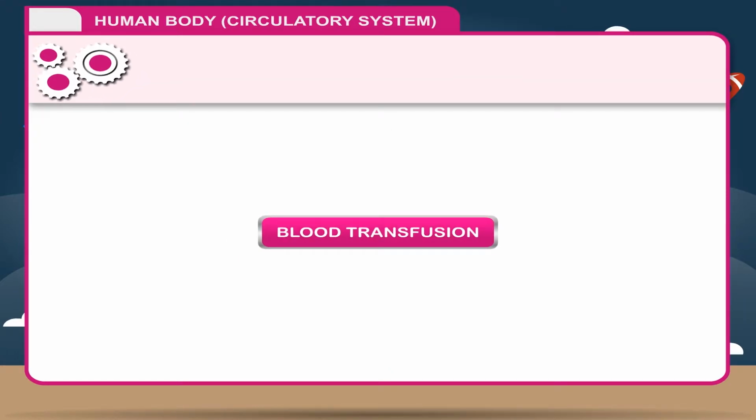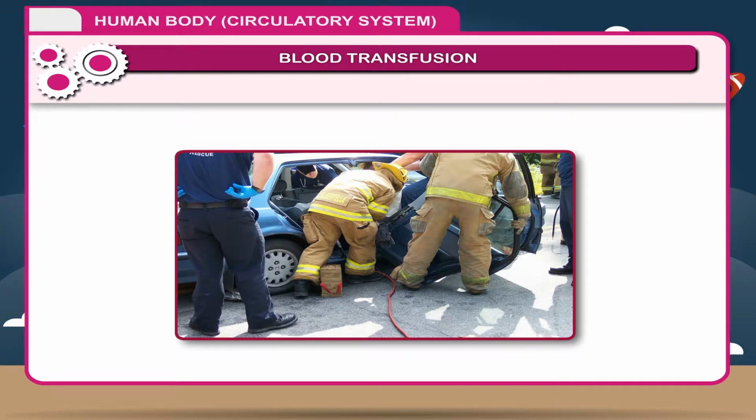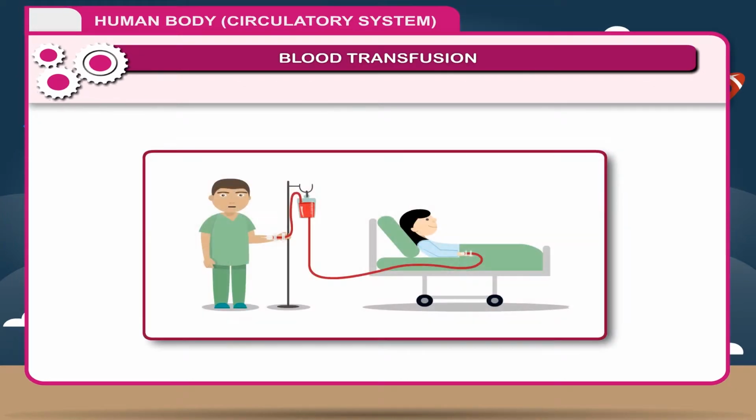Blood transfusion. You might have heard in the hospitals that a serious patient needs blood in emergency. In accidents or operations, patients lose large amount of blood, which results in blood deficiency or anemia. In such cases, blood is transferred from a healthy person to the affected patient.